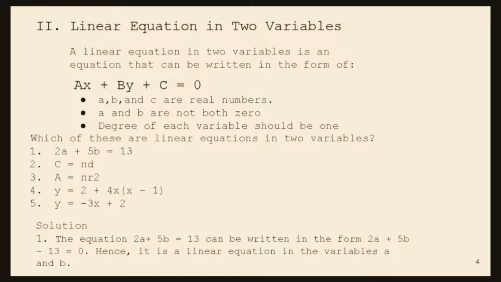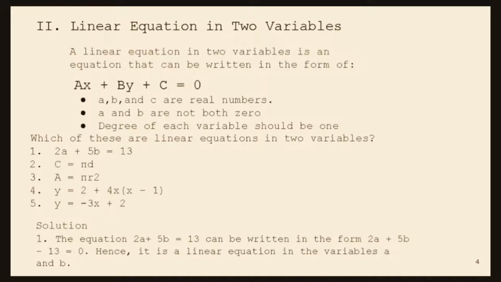So, nabibigay niya yung pangangailangan ng linear equation para maging linear equation yun. Kasi nga, di ba, yung form is ax plus by plus c is equal to 0. So, kung na-form niya yung 2a plus 5b minus 13 equal to 0, magiging linear equation siya.